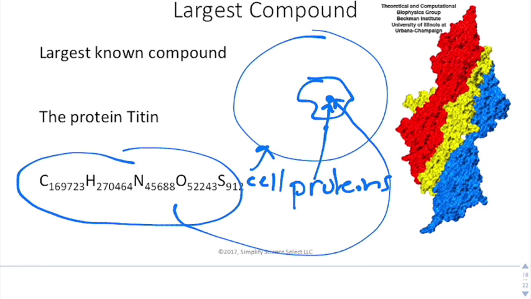So when we talk about compounds, we're talking about things on a microscopic scale. This is the largest one that we've come up with, and it has 169,723 carbon atoms alone. It has 270,464 hydrogen atoms alone, and it goes on from there. So think about how massive this compound is, and then realize how small it is in the grand scheme of things.